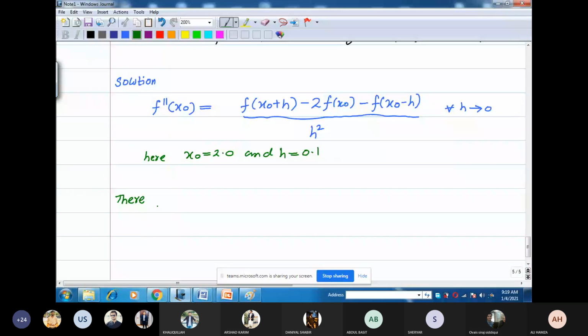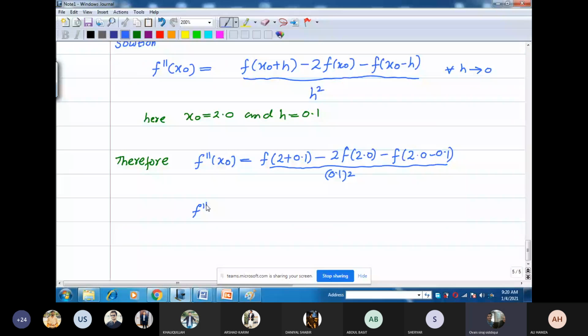Therefore, x naught plus h, and h square, and x naught is actually 2.0.